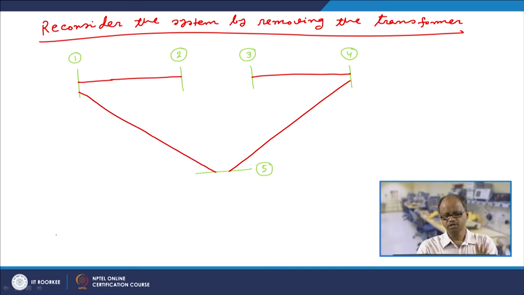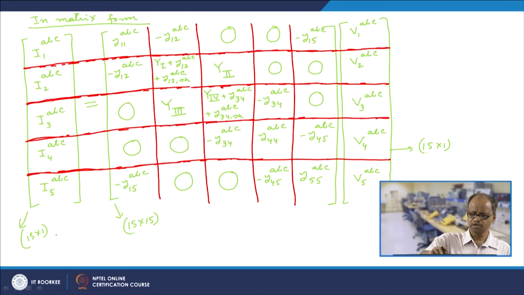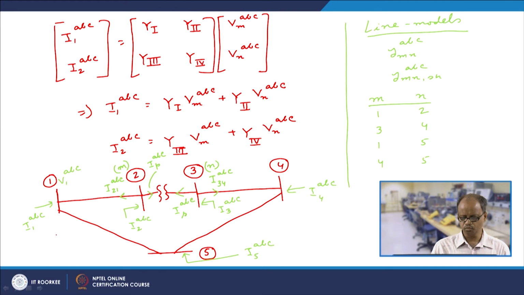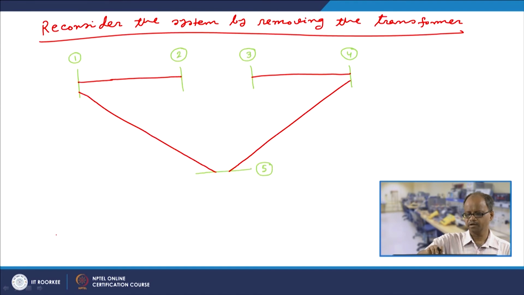Please note that it is the same system we are considering as shown, only that we have simply removed the transformer. So there is nothing connected between bus 2 and bus 3, as if there is an open circuit between these 2 buses.